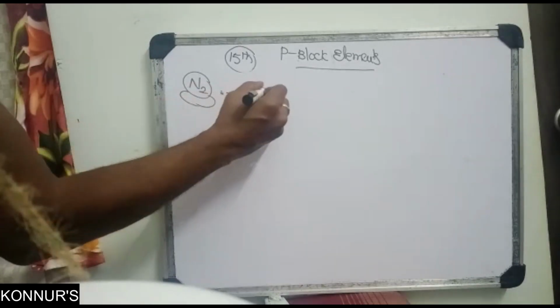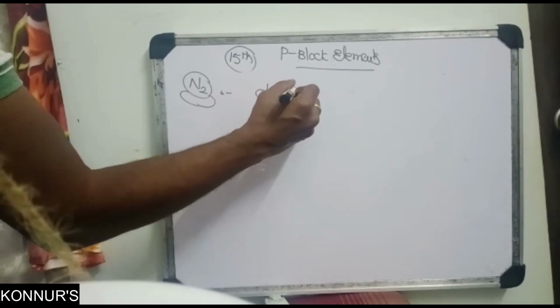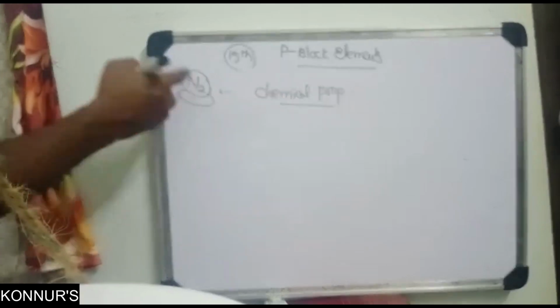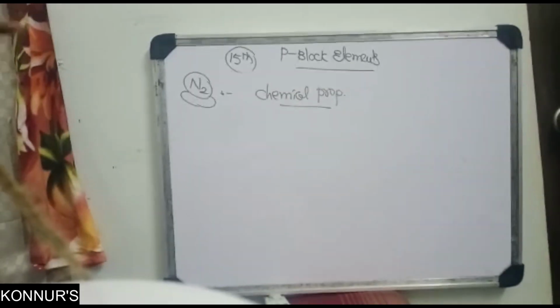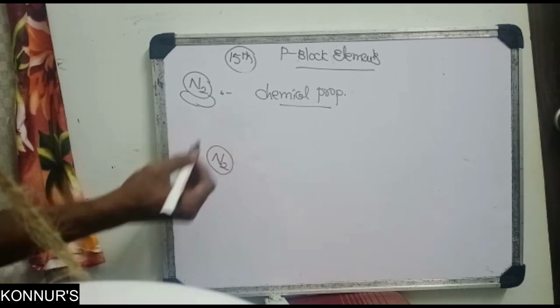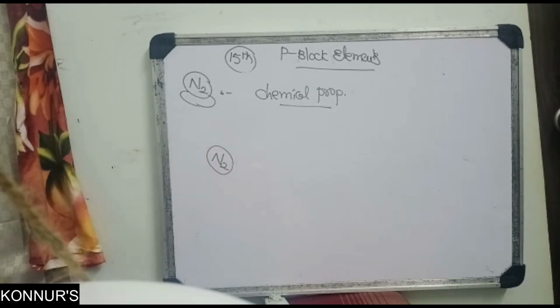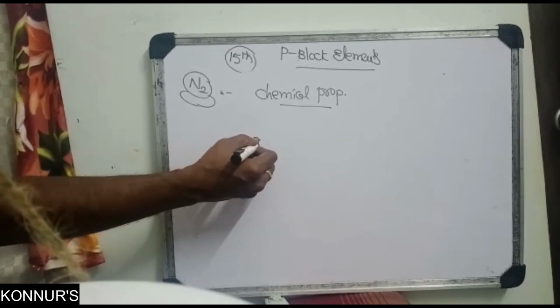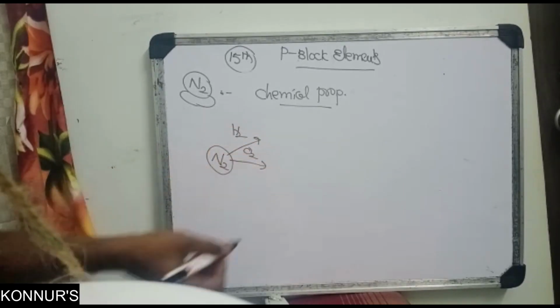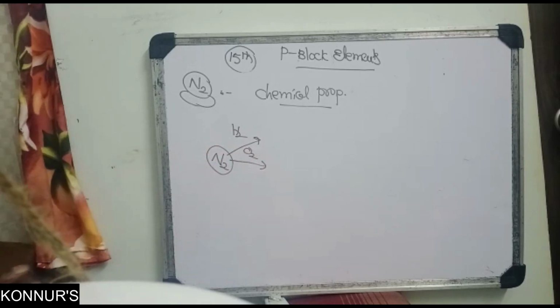Next, nitrogen, chemical properties. Chemical properties means we take nitrogen and prepare other compounds. Nitrogen is heated with hydrogen, heated with oxygen. These are common things.